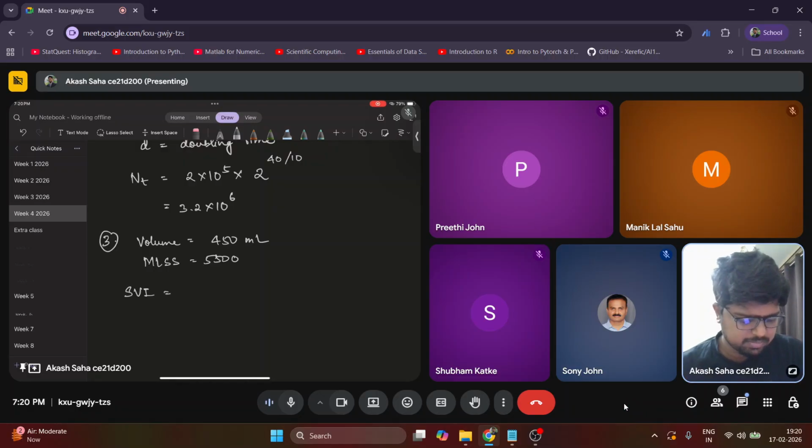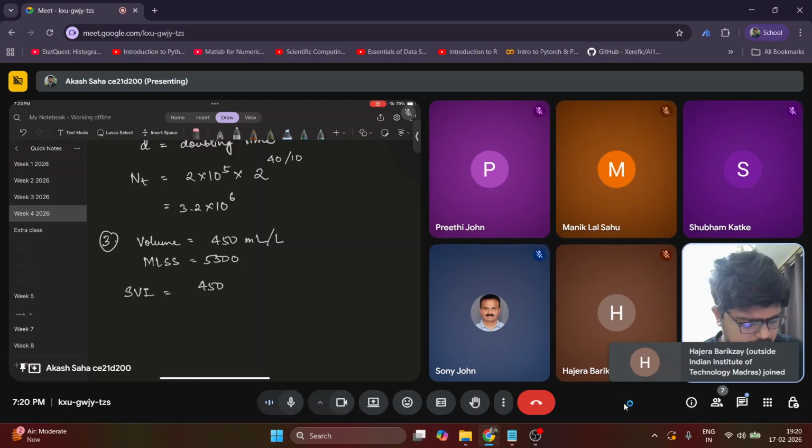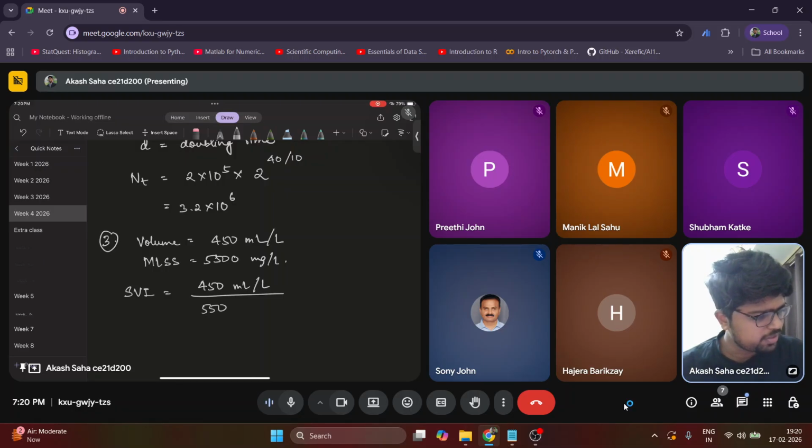SVI is nothing but the ratio. So 450 milliliter per liter divided by 5500 milligram per liter. The liters will cancel. We will get something in milliliter per milligram.